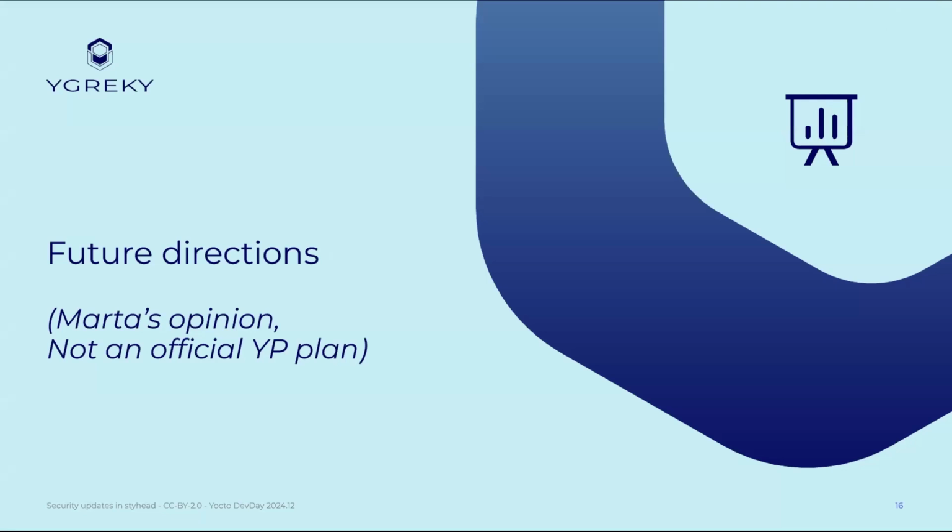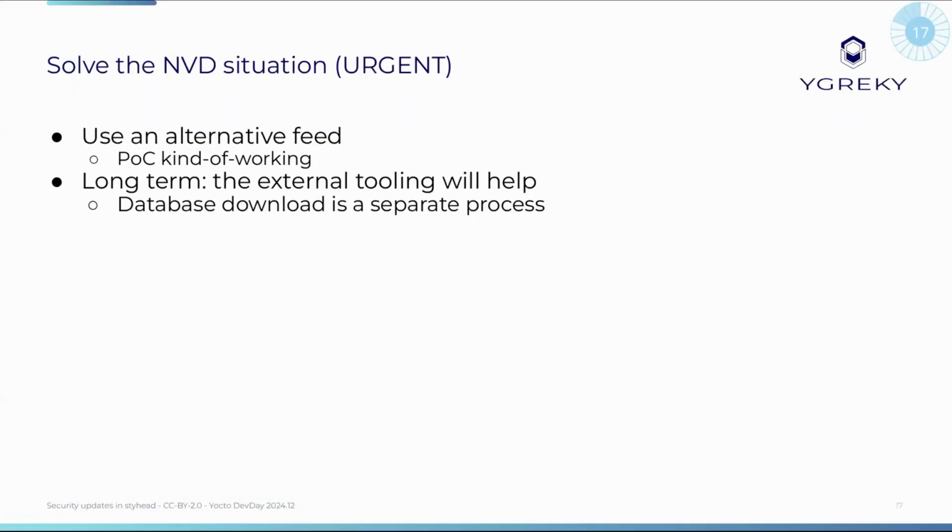And then the final part of the presentation will be about the future directions, and this is my opinion only. It's not an official Yocto project plan. So the urgent thing right now is to solve the NVD situation. I have a POC of an alternative kind of working at this moment.